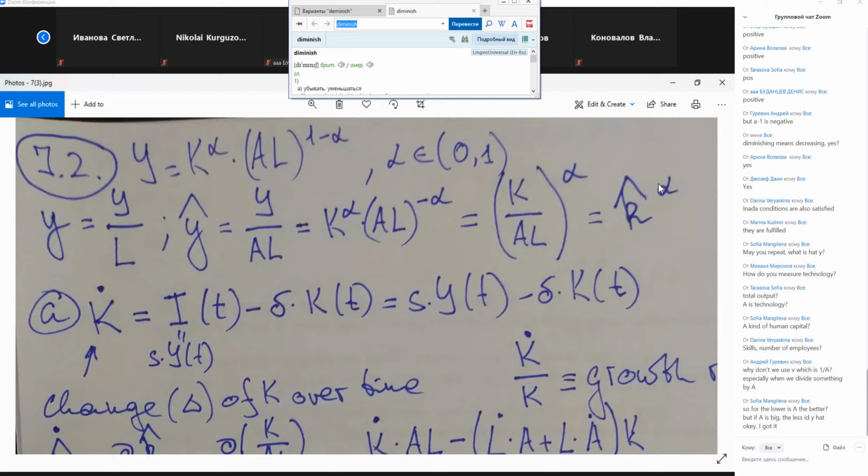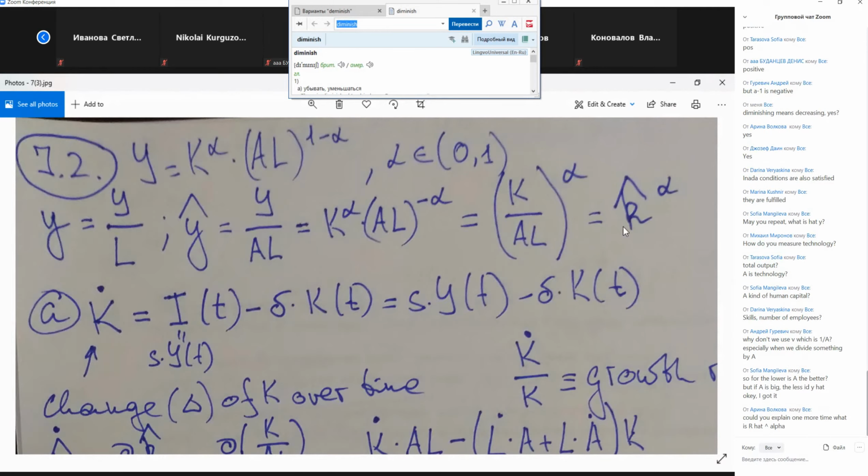So we have to not forget alpha. And I see that y hat is a very simple function of k hat. It's not r hat, it's k hat.